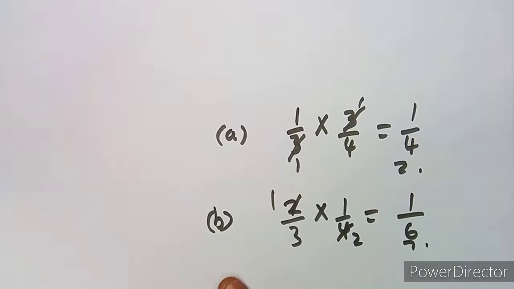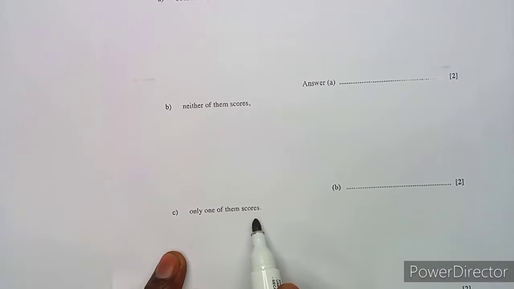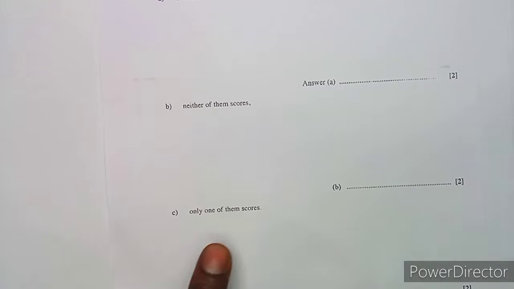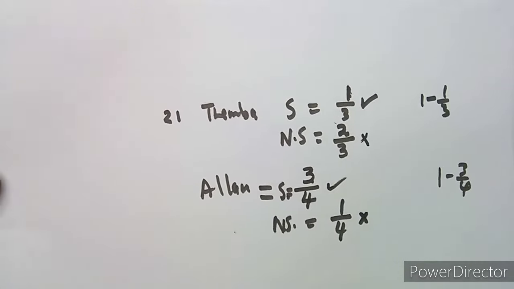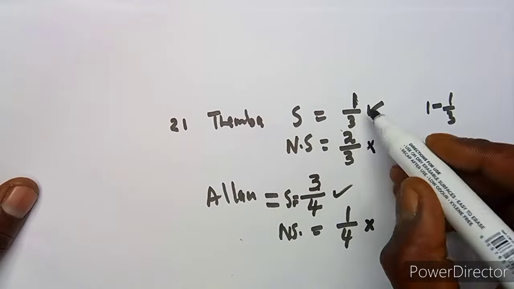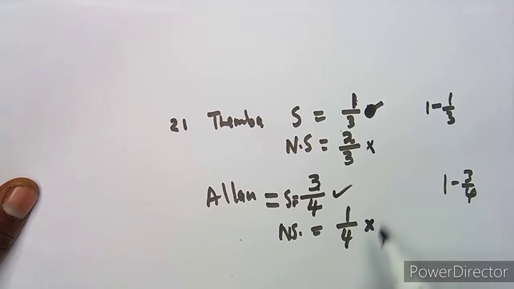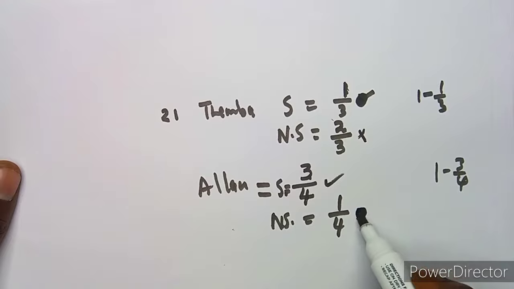All right, don't confuse this question with this one, which is now asking us to calculate the condition when only one of them scores. Only one of them scores means when Temba is going to score, Alan at that moment is not scoring.